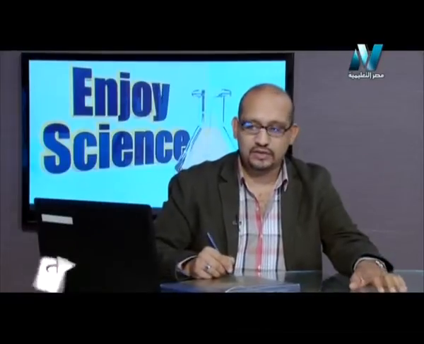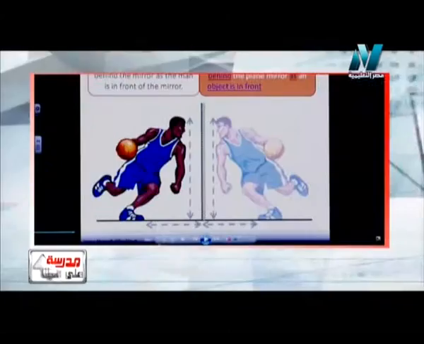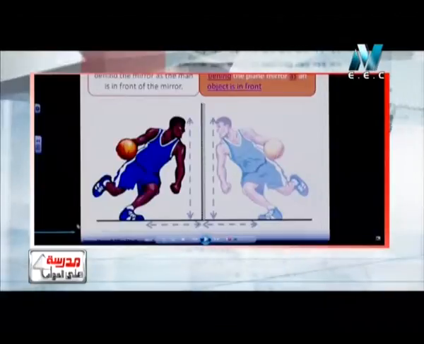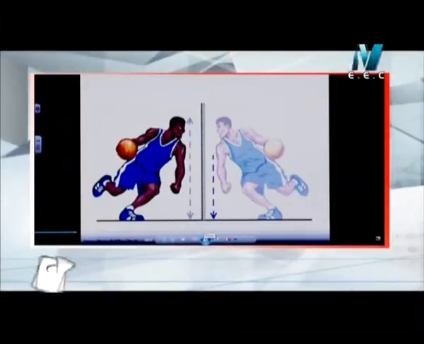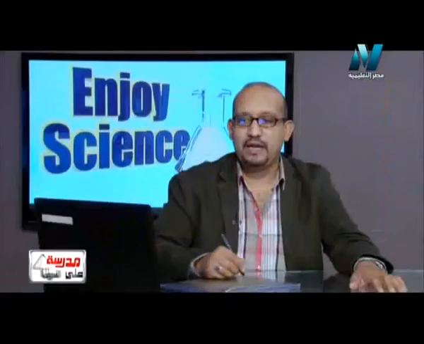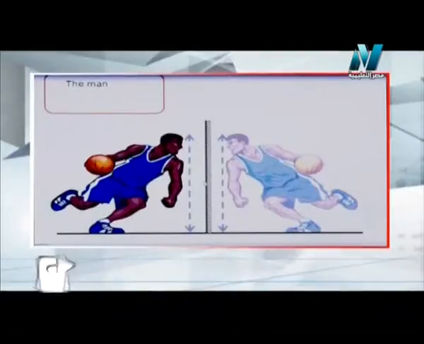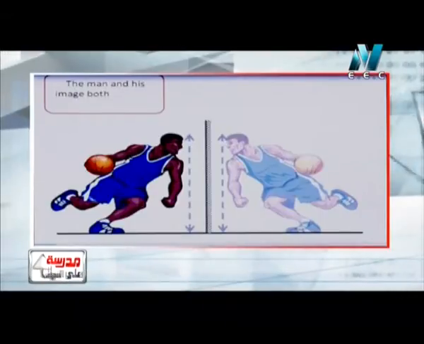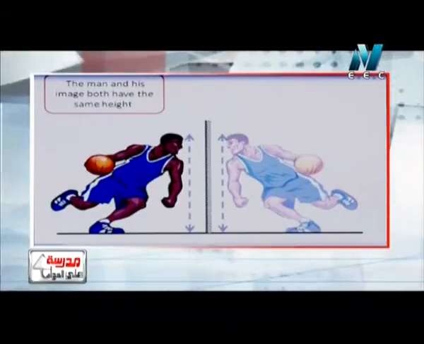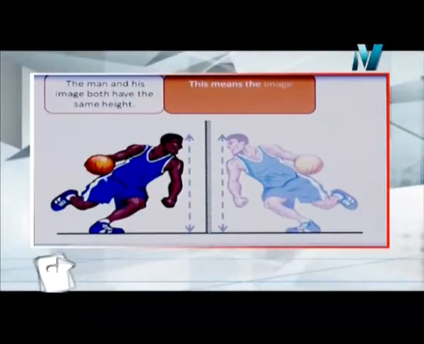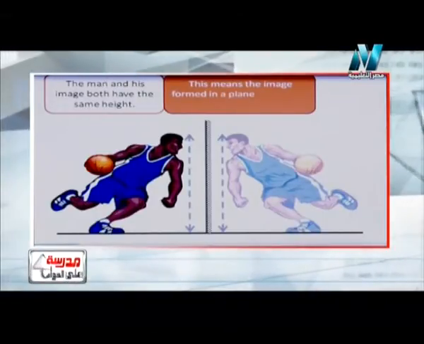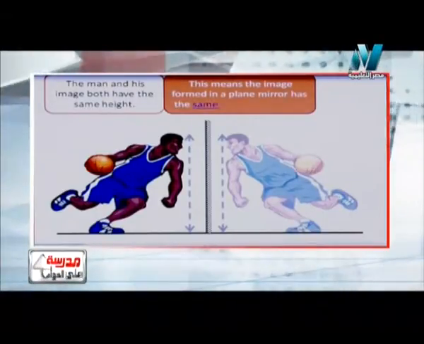As we see here, dear students, we have this small video that recognizes the properties of the image through the plane mirror. As we see in front of us here on the monitor, we have a basketball player. This basketball player is at your left side, and we have his image at the right side.